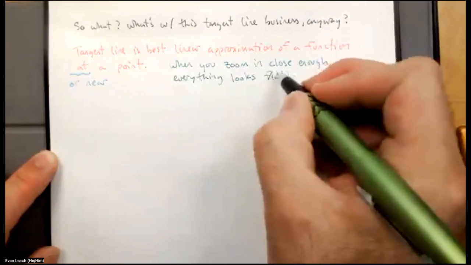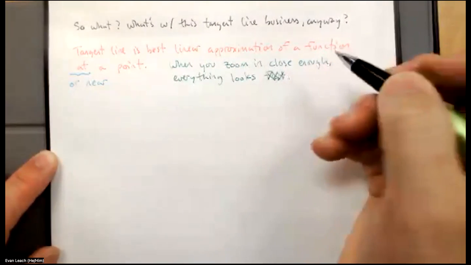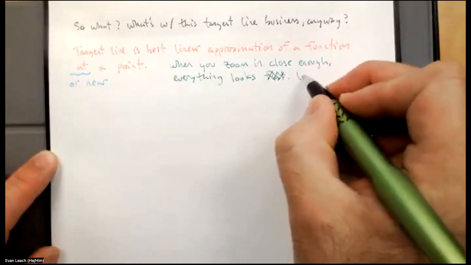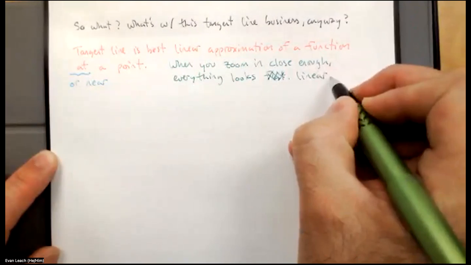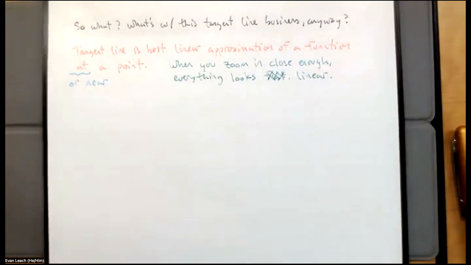Or instead of flat, we should say linear, because flat is more of a slope 0. If you zoom in close enough, everything looks linear. Everything looks flat or straight.